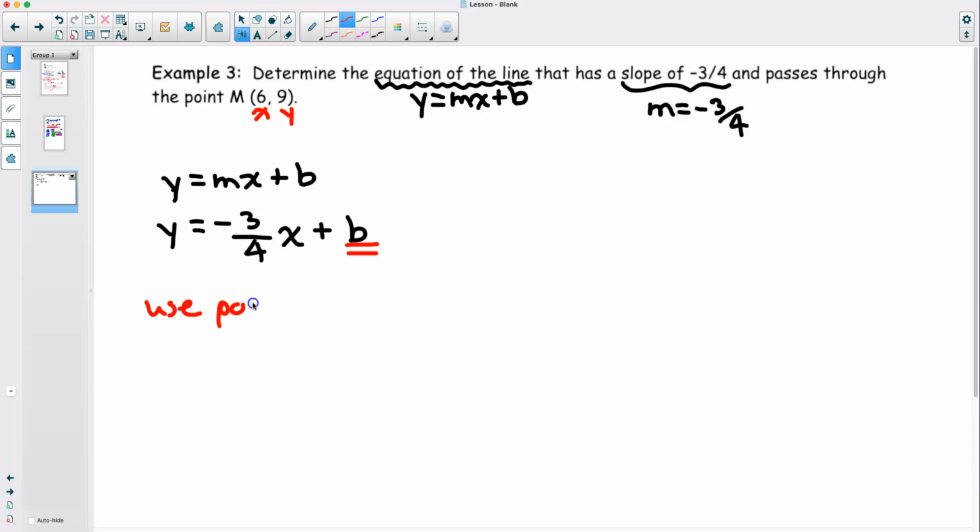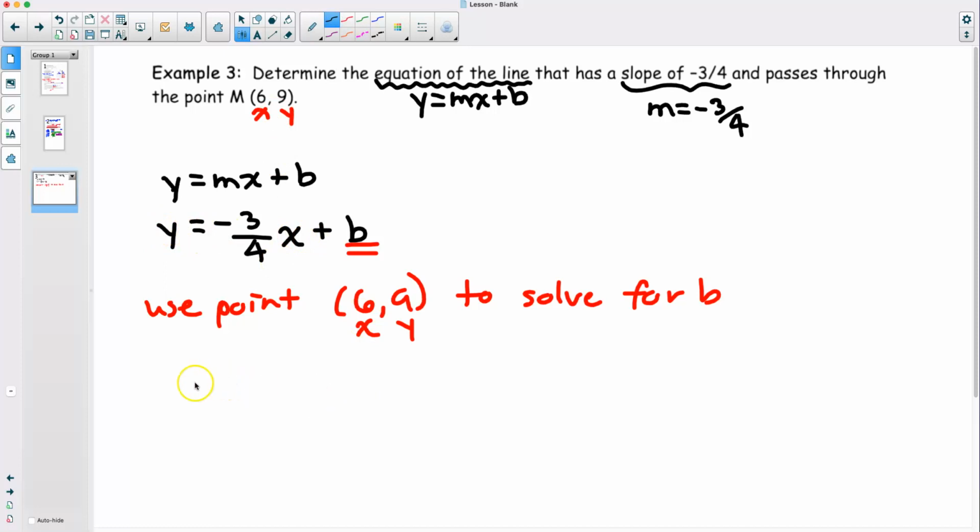So we're going to use the point 6 and 9 to solve for the last variable b. Once again, this is x and y. So looking at our equation, instead of y, we're going to substitute 9 into there. That's going to equal minus 3 over 4 times x, which is 6, and then plus b.